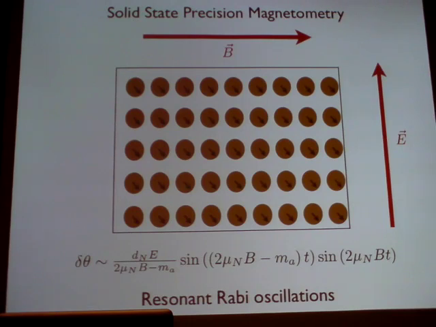But it's not possible to get anywhere near the singular point, I guess, experimentally. To get the singular point is basically like the Q of the resonance. That's the standard way of talking about it. And m_a is very much smaller than mu B? No, in fact, we want them to be very close.